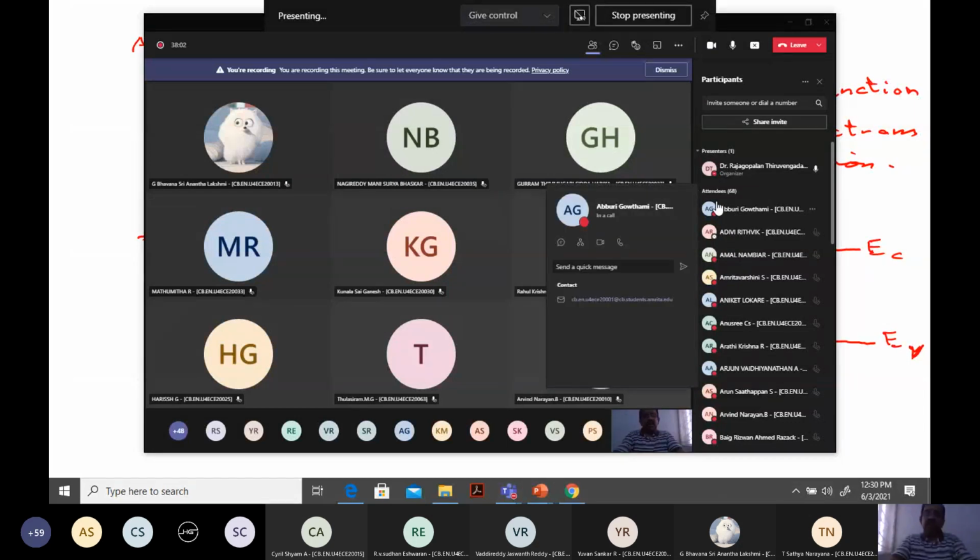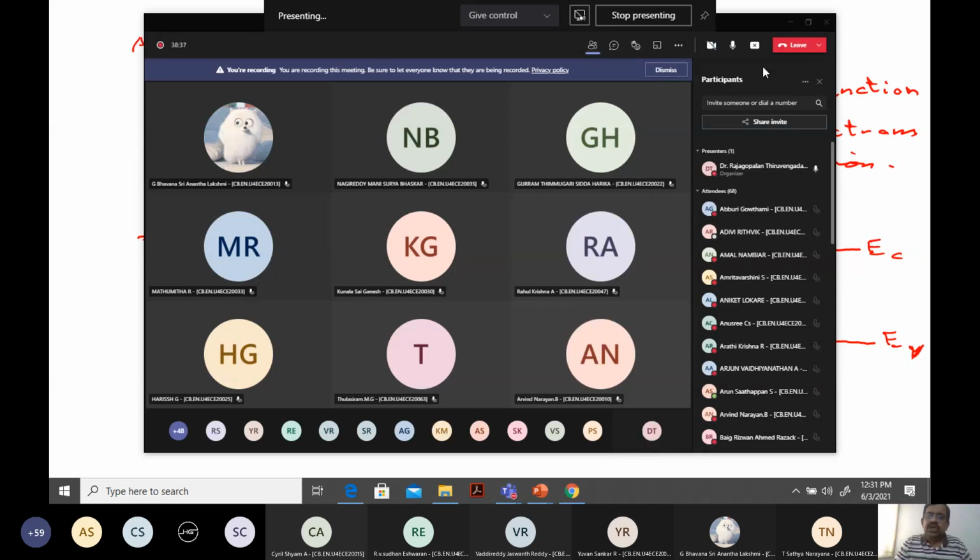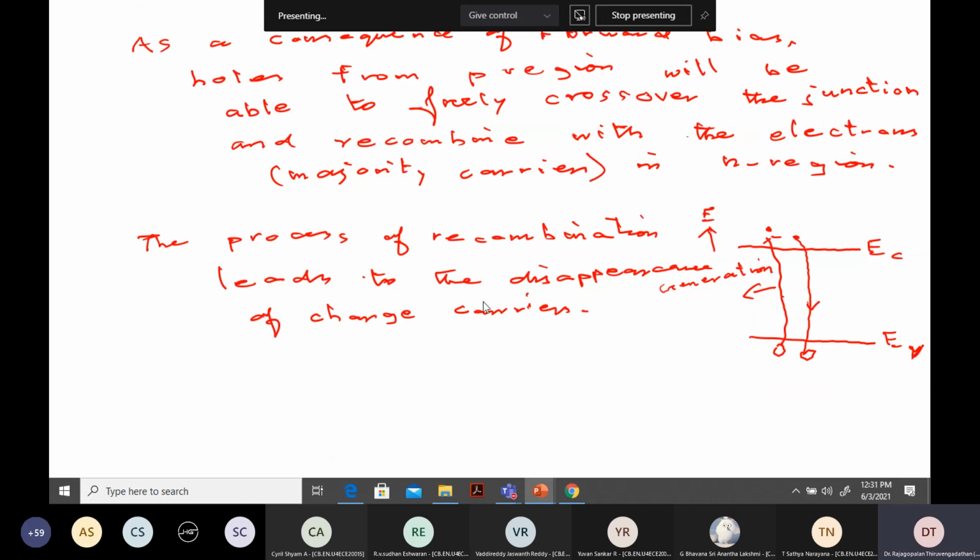Holes from the P side cross over to the N, and the electrons from the N side cross over to the P. But let us concentrate our attention only on the holes crossing over from P to N, and we will develop some relationship. The same analogous relationship we can apply for the crossover of the electrons from the N region to the P side. So let us focus our attention only on the crossover of the holes.